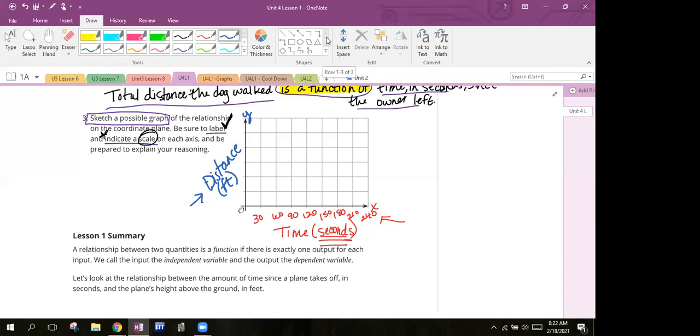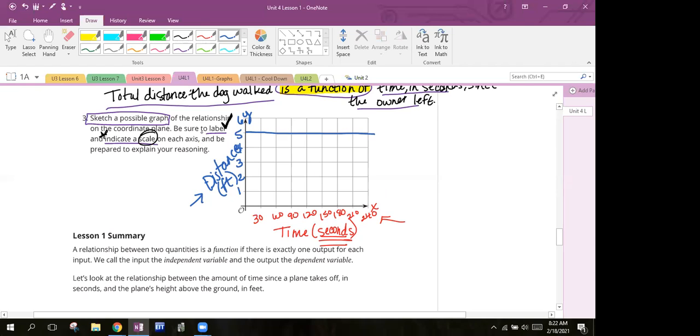Okay, so we have to have at least 5 feet. So what can we count by now for the distance? Twos. We could count by twos, but we have enough room. We could even count by just ones, because he can't go past this line anyways. Sorry, this kind of looks sloppy right there.